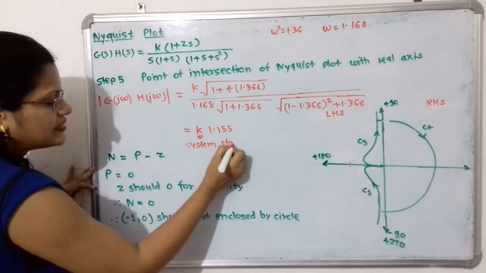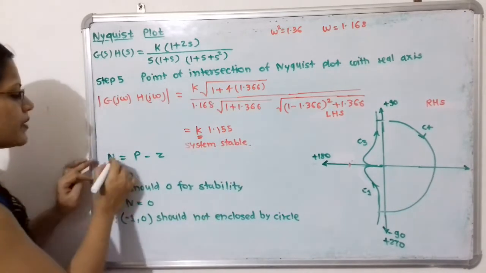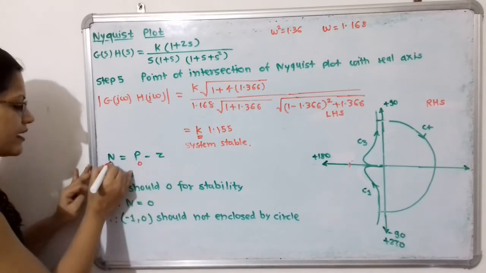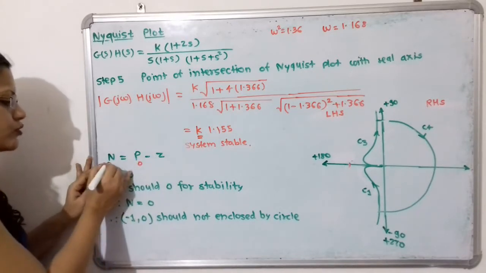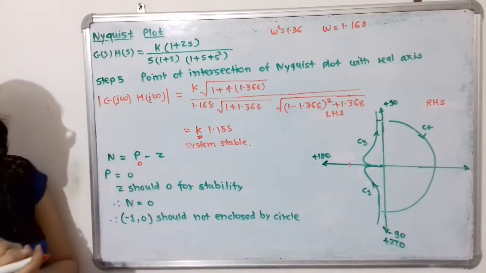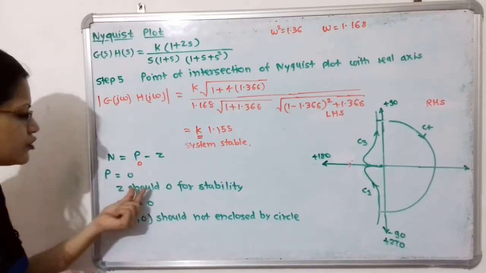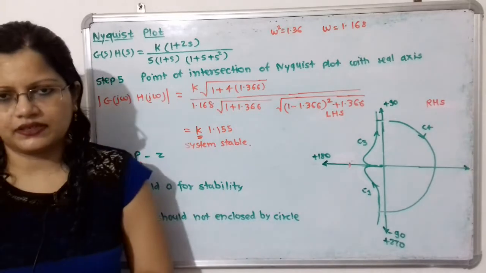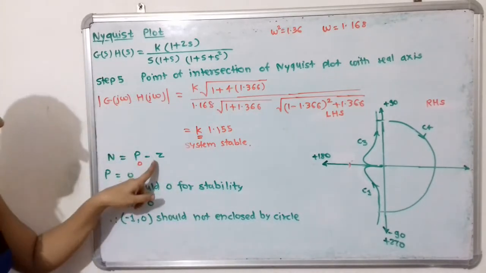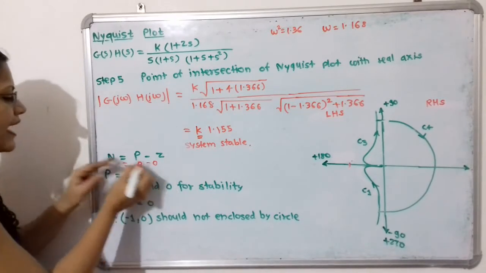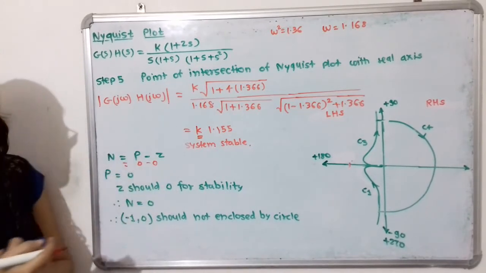So for this stable system, if P is equal to 0, then we have to take Z is equal to also 0, and then we will get N is equal to 0. That means Z should be 0 for stability. So we can say that for stability, Z should be 0, and we have to take N is equal to 0.